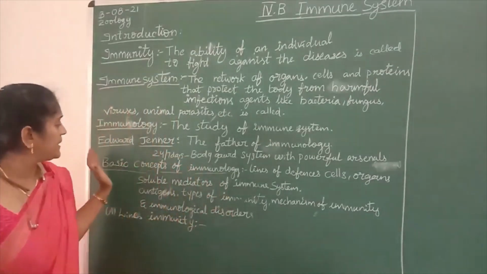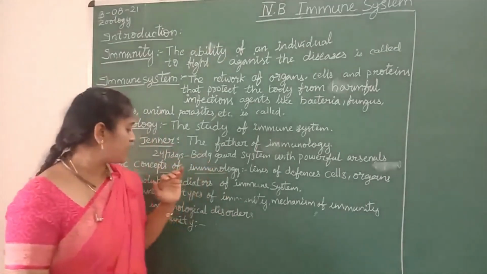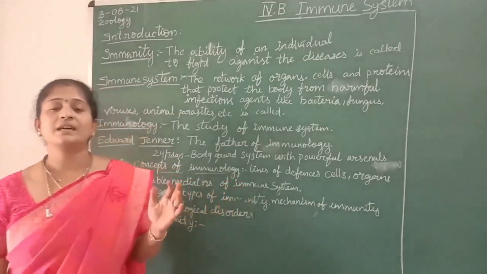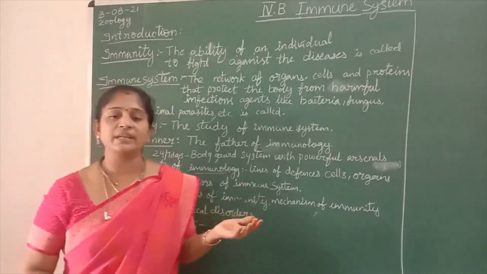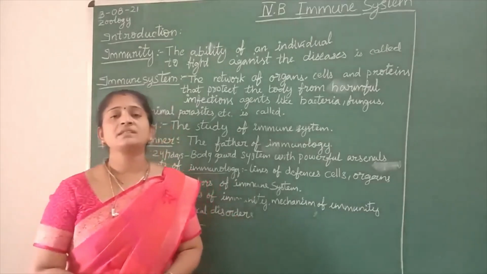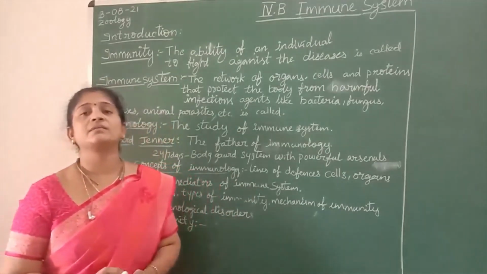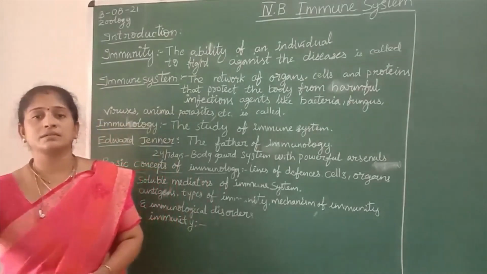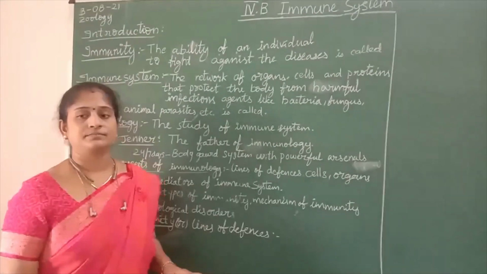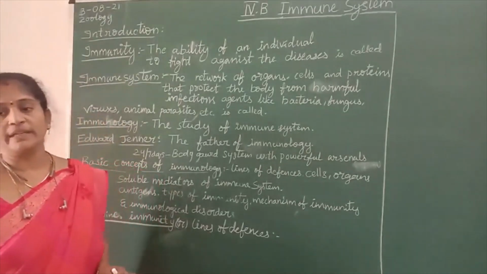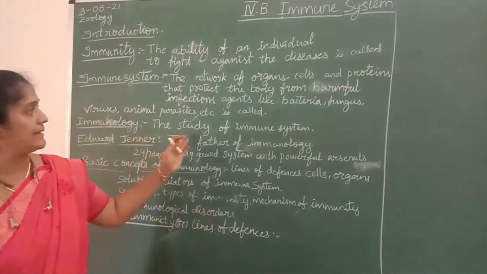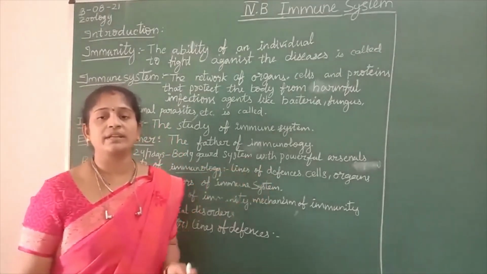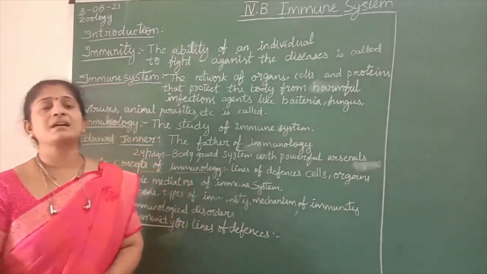So in the basic concepts of immunology, we have the lines of defense. When we have any problem in our body, like cough, cold or fever, this is called disease. Whenever bacteria, viruses, parasites and fungi enter our body, the immunity forms some lines.